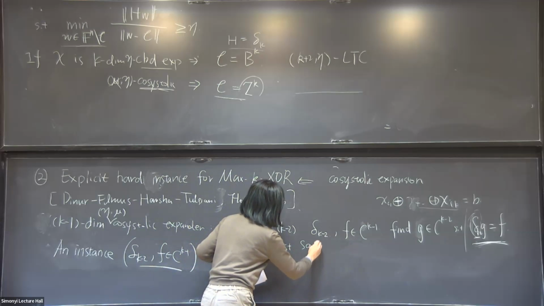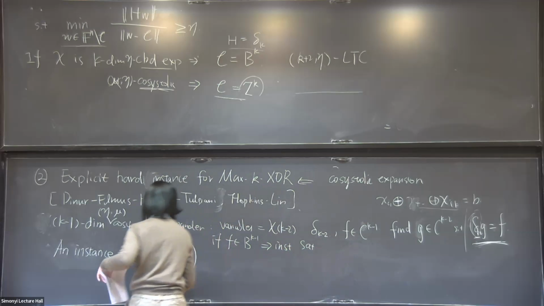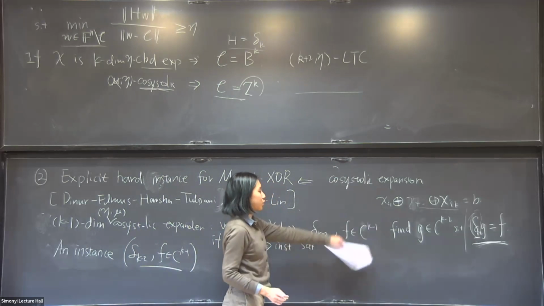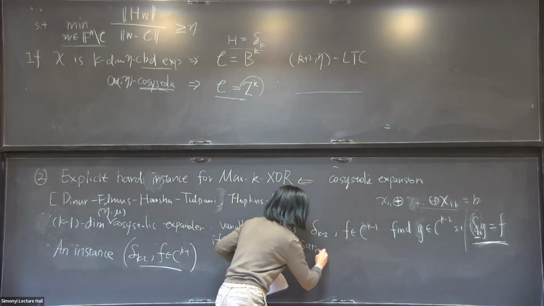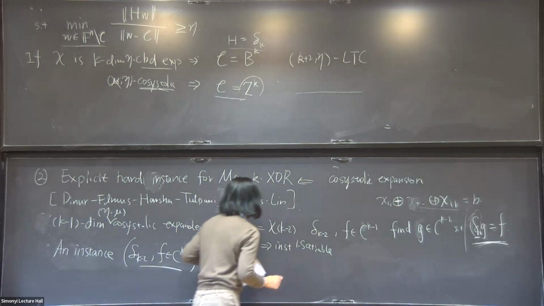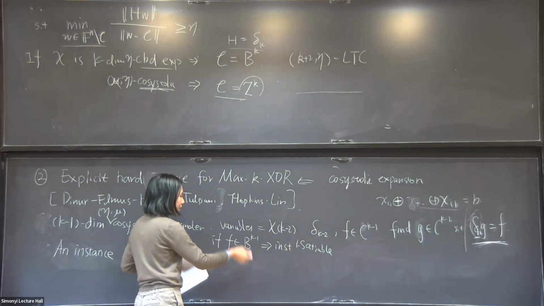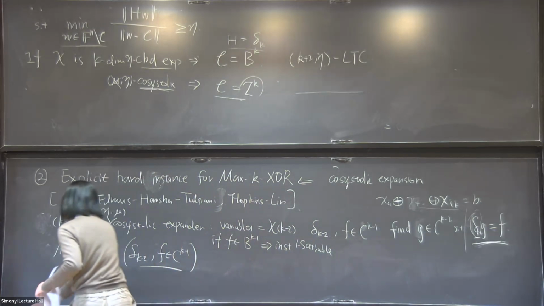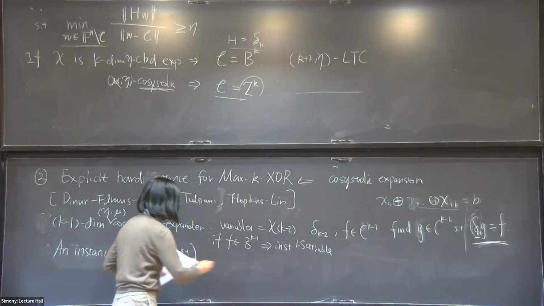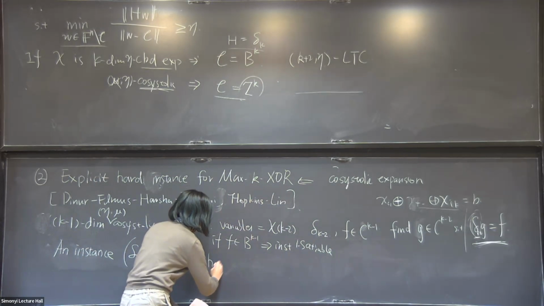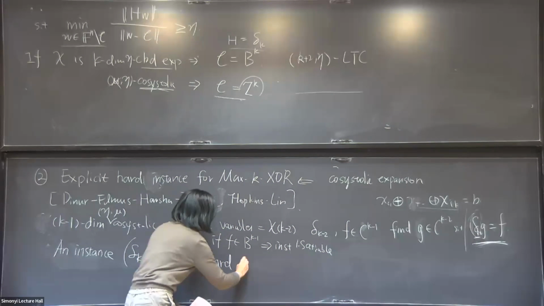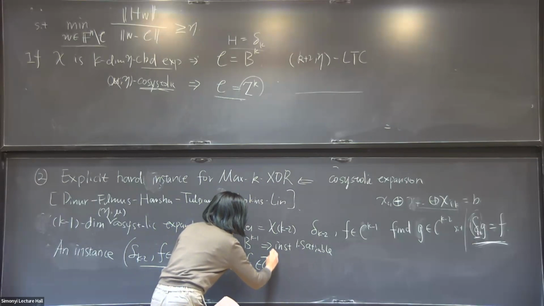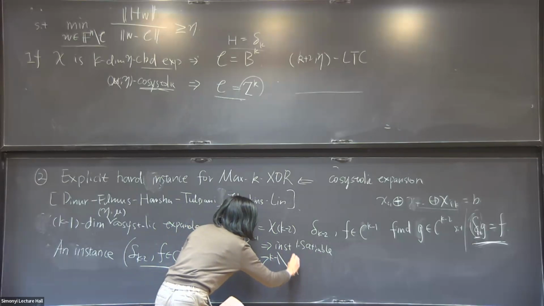All the equations could be satisfied. But if f is not inside it, then one cannot satisfy all of them. And the hard instances here are exactly those where we pick f to be inside Z k-1 excluding B k-1.